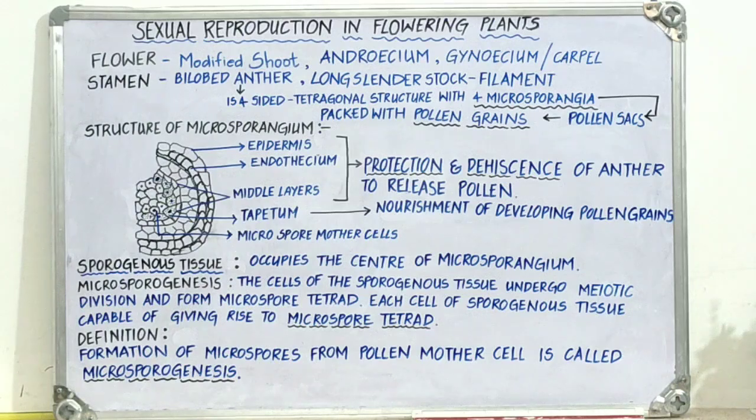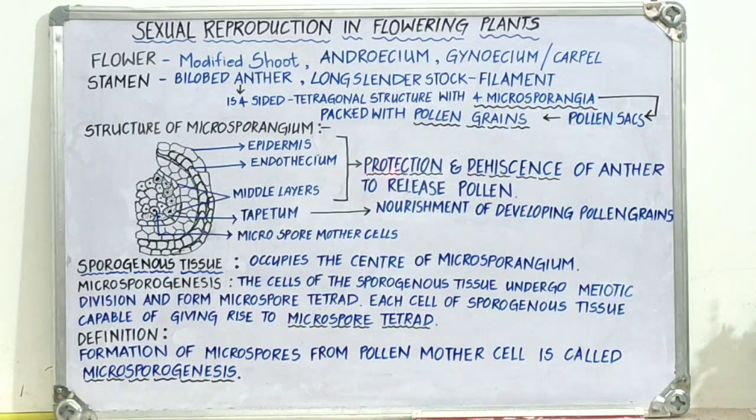By the dehiscence of anther, pollen grains are released. Already I told you, pollen grains are packed inside the pollen sacs. So pollen sacs are nothing but the 4 microsporangia developed into pollen sacs.